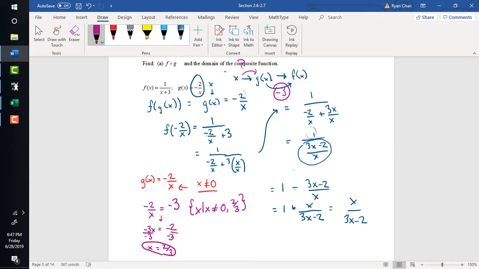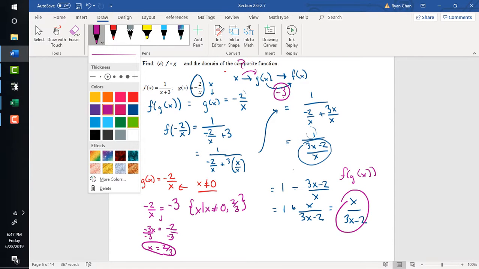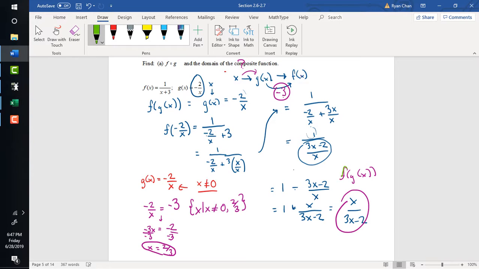So what you can also do is this. If you know your composite, and remember back in our last video, this was our composite, this was our f of g of x. Let me do a different color. Yeah, this was f of g of x.